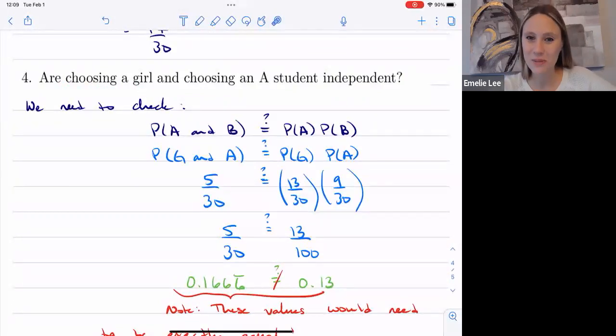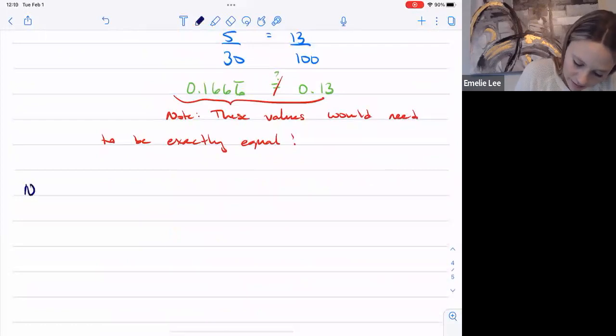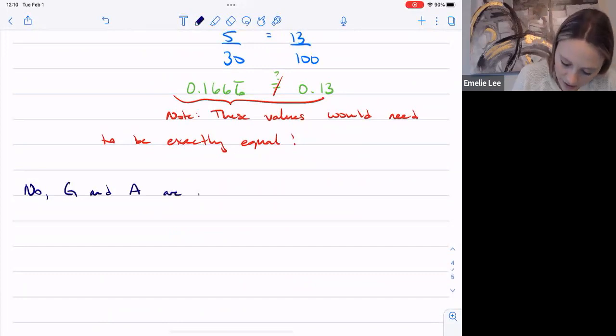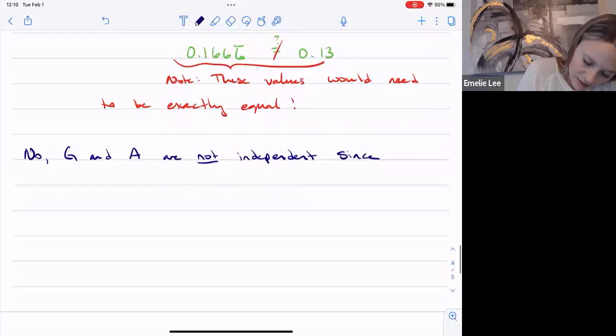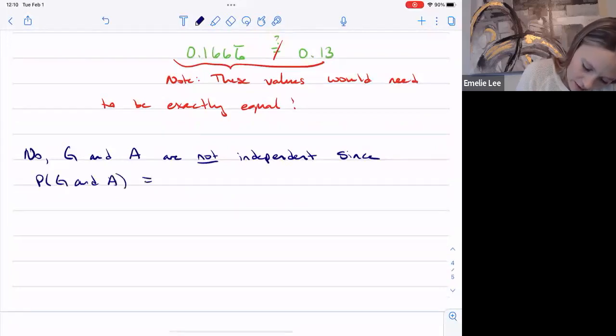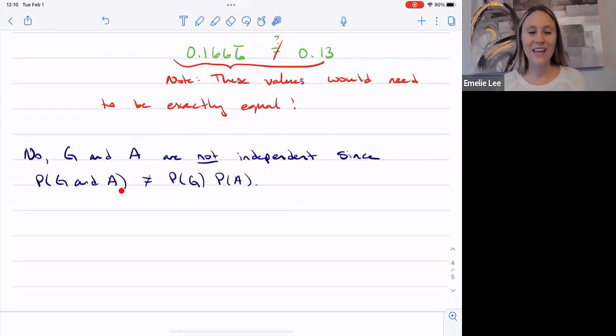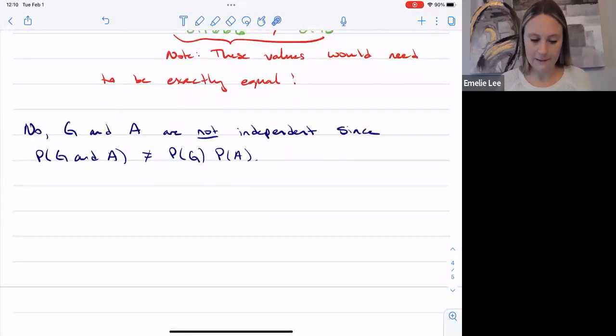No, they're not independent, because the probability of G and A is not the same as the probability of G times the probability of A. So, using the shorthand, G and A are not independent, since the probability of G and A does not equal the probability of G times the probability of A. And sometimes I'll even show off and use the values: since 0.1666 repeating is not the same as 0.13, but that's okay.